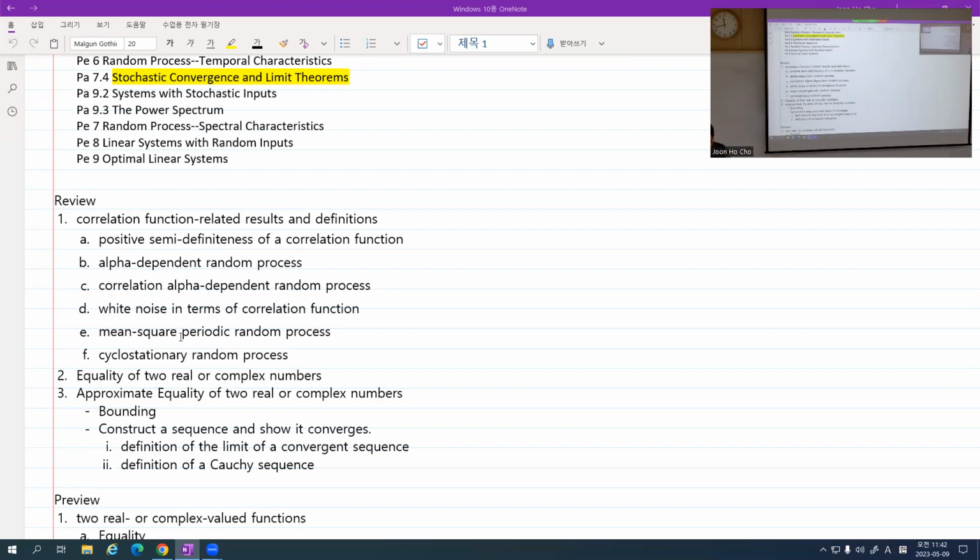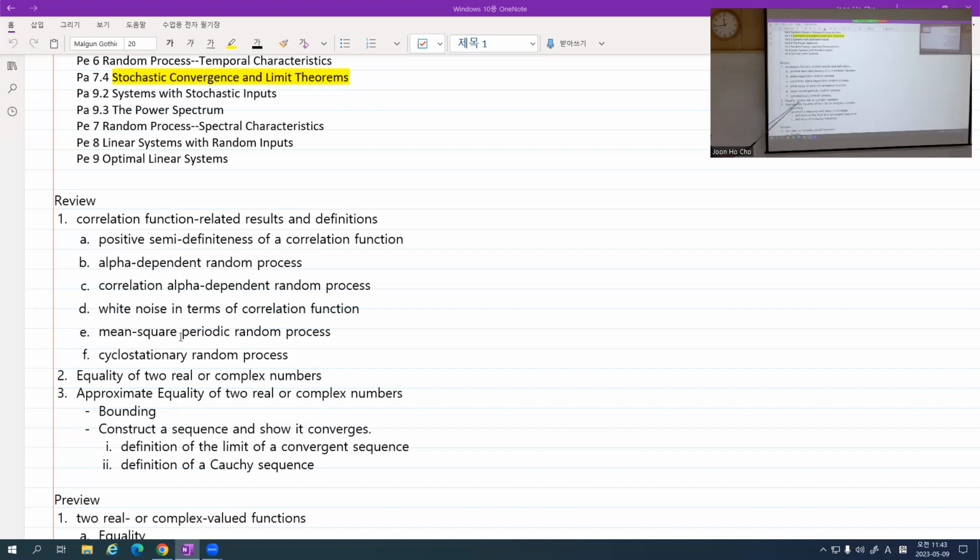We also learned some important classes of random processes, such as alpha-dependent, M-dependent, correlation alpha-dependent or M-dependent random processes, white noise in terms only of correlation functions, not the power spectral density, which we haven't yet covered, and two similar but very different definitions of mean square periodicity and wide-sense cyclostationarity. And then we're back to section 7.4 of the main text.